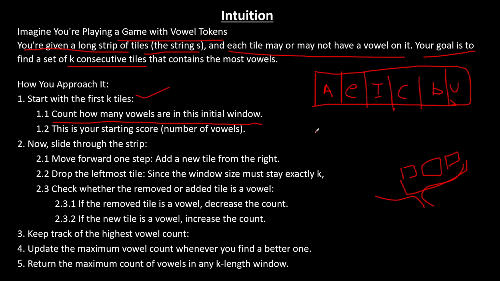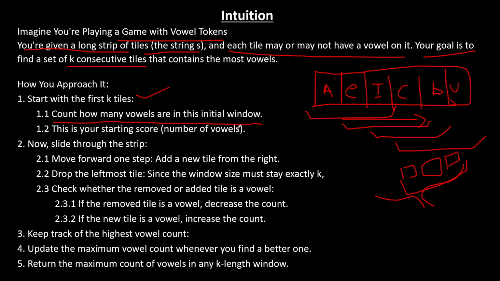Just imagine a window which could slide. Now you slide this window towards this side. Now this window started from E to C. Again you slide the window. It went from I to B and similarly from C to U. I hope you understood that this is a kind of sliding we are doing in this case.